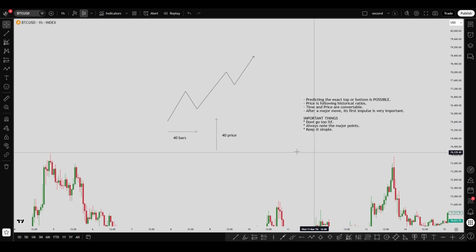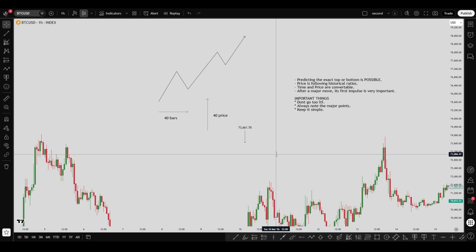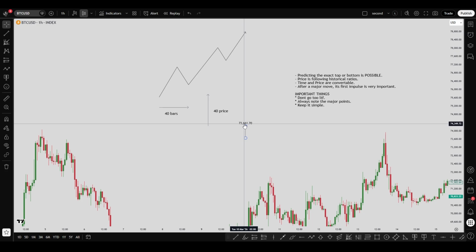So what we're gonna do, for example, if you have this number as a price, you can say it's 73,661, correct? If you have a ratio of 40 bars and you want to convert it into a price number, all you have to do is add it into the digit that is eligible for your chart. For example, I'm at the hourly, so I'm going to use 100 for conversion.